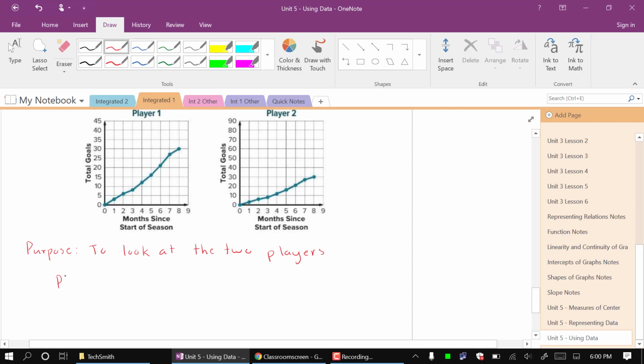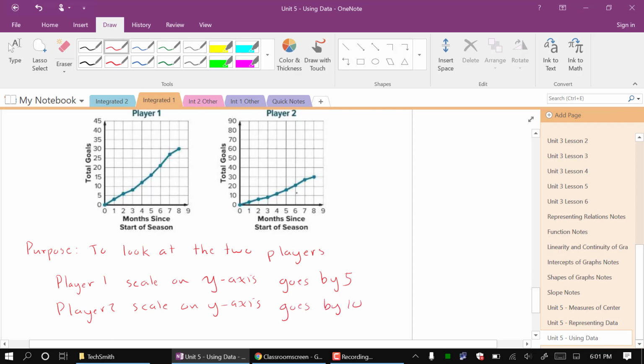So player 1, the scale on the Y axis goes by 5s. Player 2, the scale on the Y axis goes by 10s.